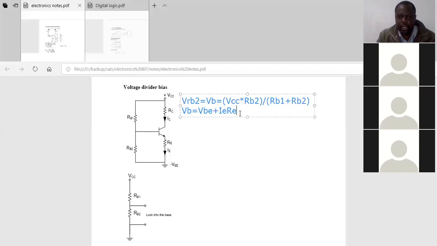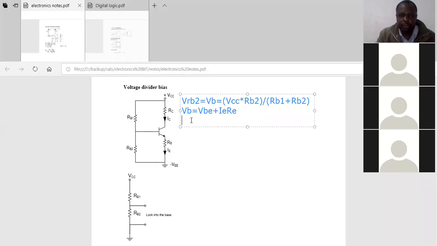So I'm basically recording. I can put them in YouTube so that you can be able to access them. There's a channel that I've created, so I can post them so that you guys can be able to watch them from there. So VB is equal to VBE plus IERE. That's what we have for this section running down to the ground.